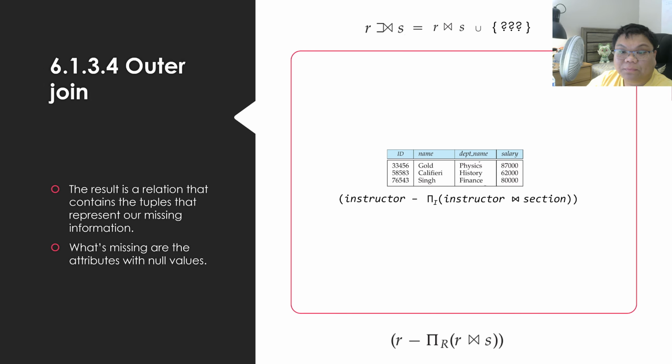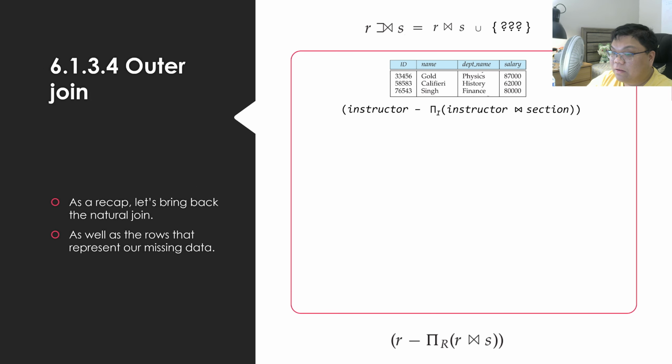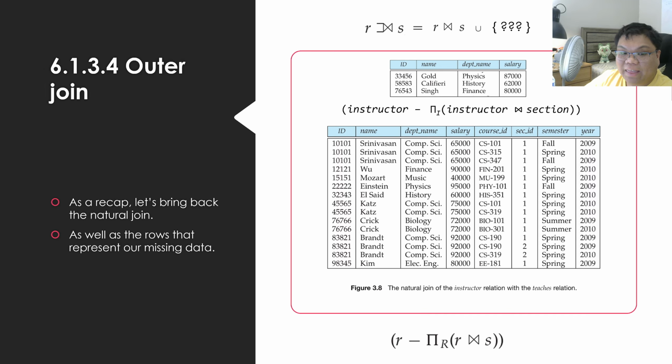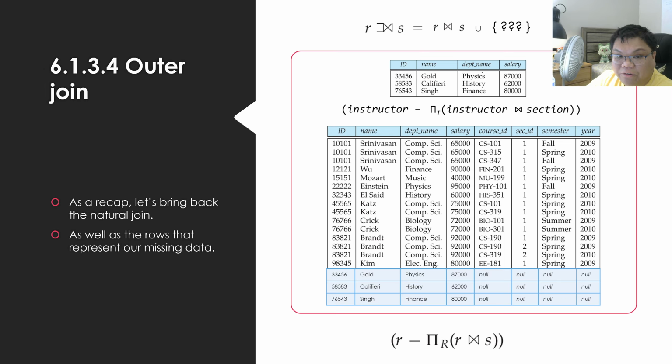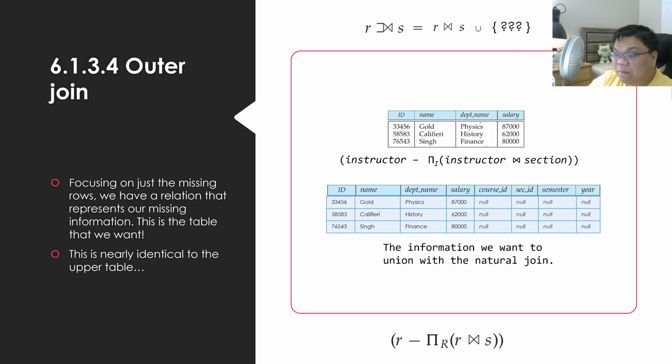Alright, let's recap. This is the natural join, and it's missing these instructors. We want to add these rows to our natural join by using the union operation. It means this is the table we want to union with the natural join.